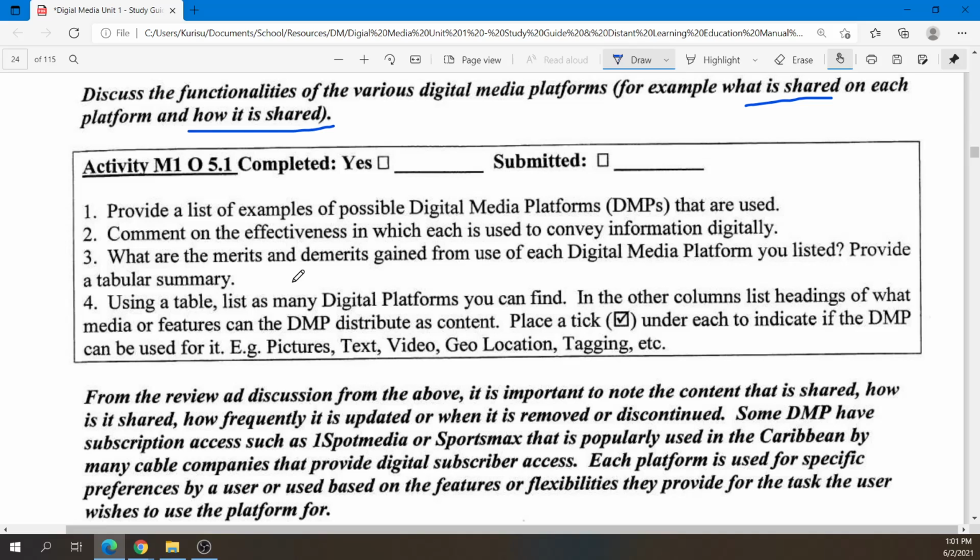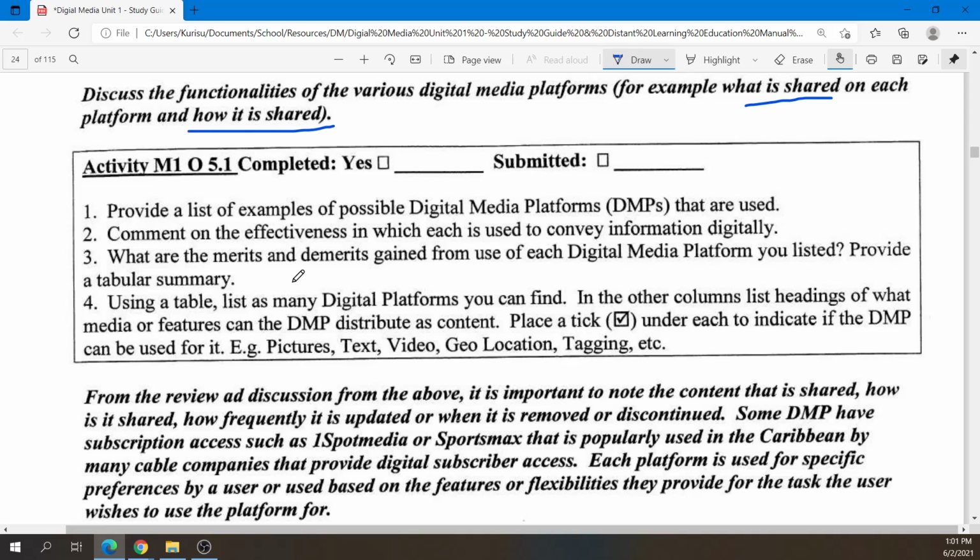So, question to you guys: what is the benefit or the advantage of using a digital media platform as compared to maybe a traditional way of sharing content? Information can be disseminated quicker.